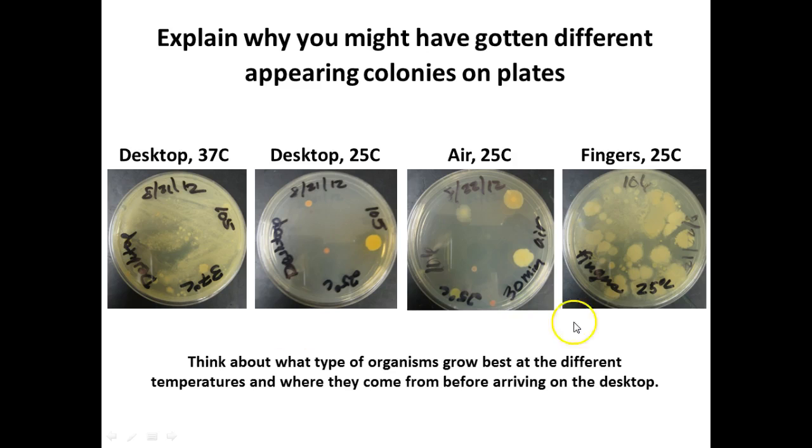And temperature does affect growth. What grows and what doesn't grow. Look at the difference in these two plates, right? 37 versus 25, completely different, exact same source, right? Our desktop. But our air contaminants preferred the cooler temperature, and the stuff from our hands preferred that warmer body temperature.